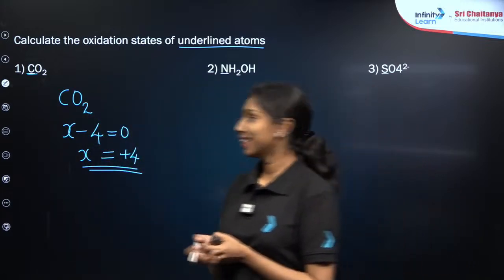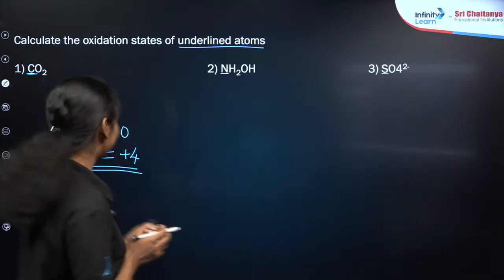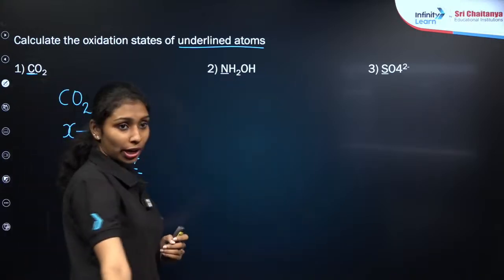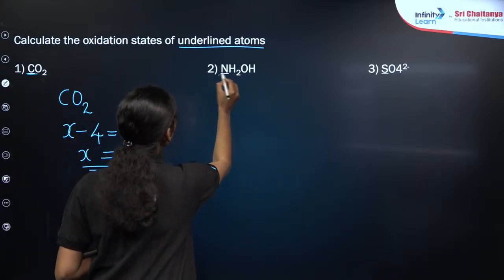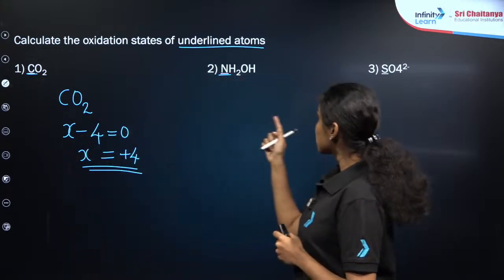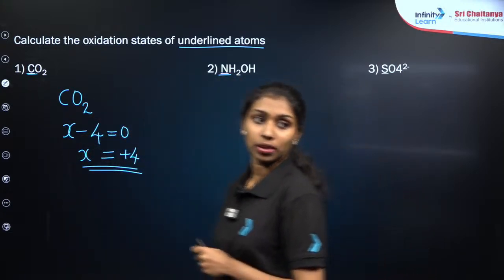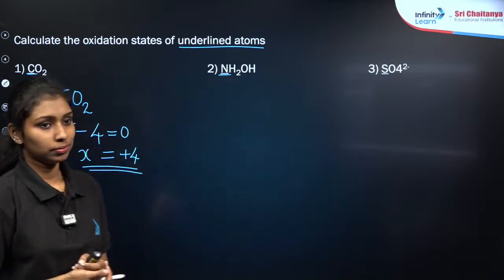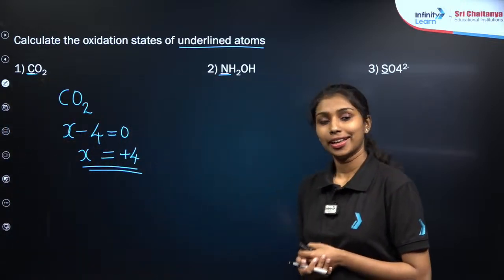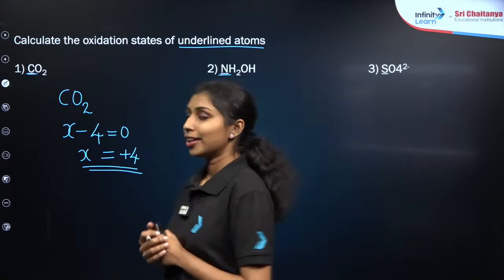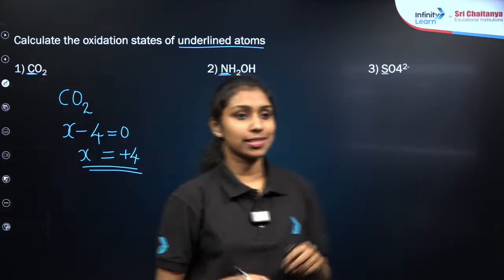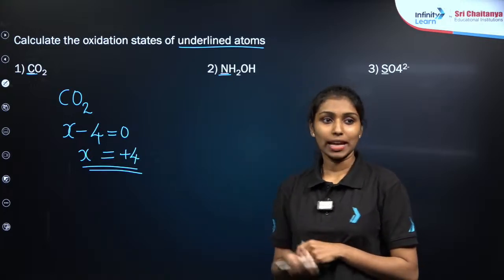Yeah, you are correct, Sudha Rani. Then what about the second one? Here is the next molecule, NH2OH. Here the underlined atom is nitrogen. Find out the oxidation state of the nitrogen atom in the NH2OH molecule. You can do all these things and give me the answers one by one. What will be the answer of the second one?